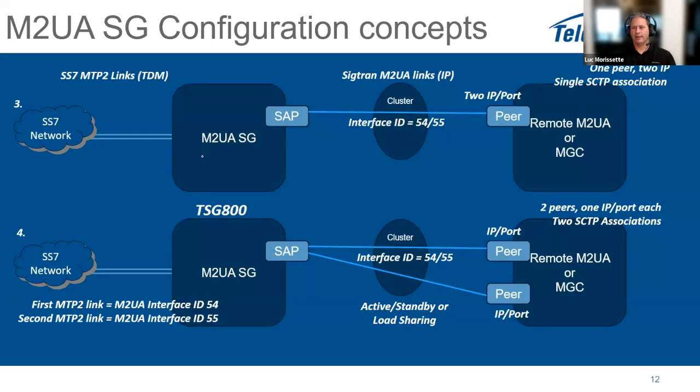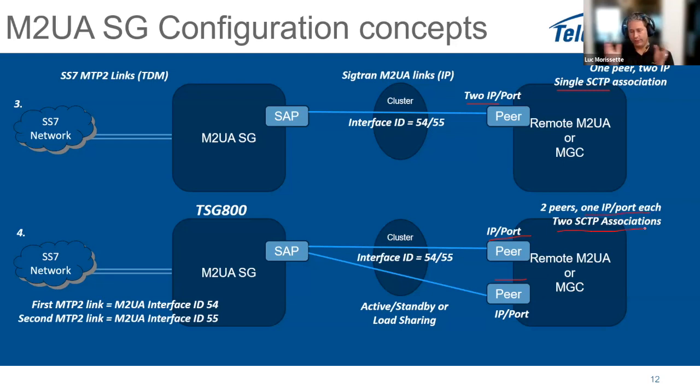And then there are all kinds of other configurations you can do. For example, here you could have, instead of one IP, two IPs. Okay, so that's the same single SCTP association, but with two possible destinations. You could also, if I go down here, have two different peers for the same cluster, and then each of the peers has its own IP and port.